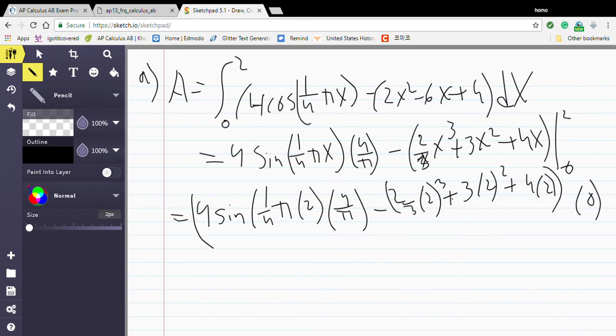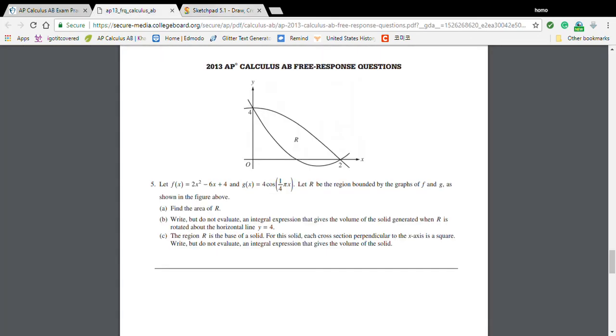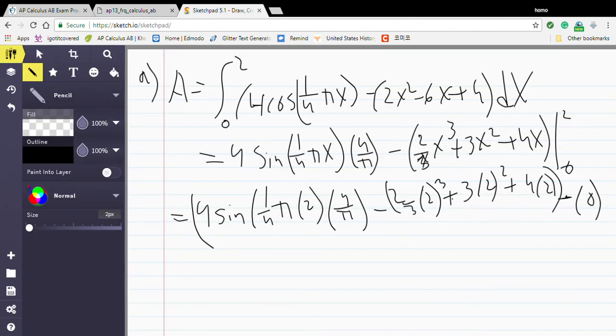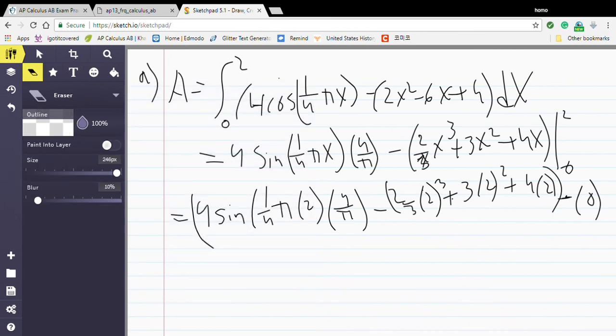This whole thing minus 0. And we can leave it at this state. We don't even have to solve it because this is a no calculator problem. So we'll just leave it at this, and this is the correct answer. This problem has 3 points: 1 for the interval, 1 for the antiderivative, and 1 for plugging in.